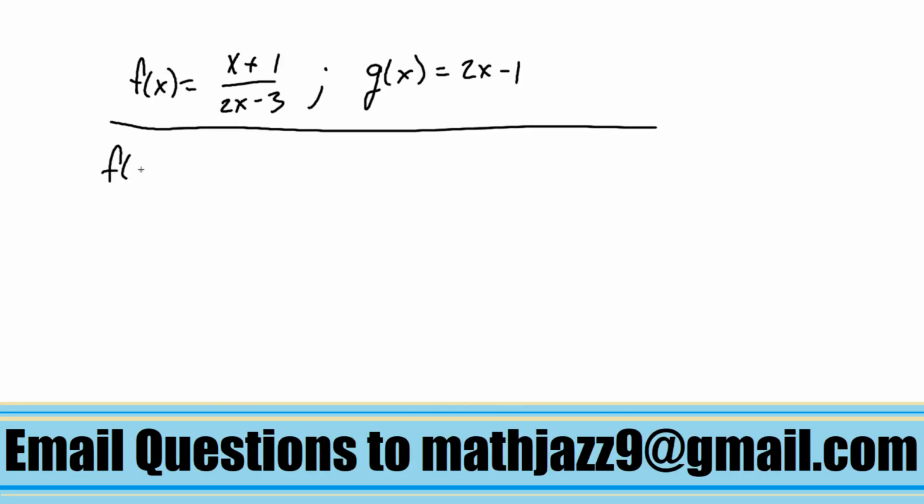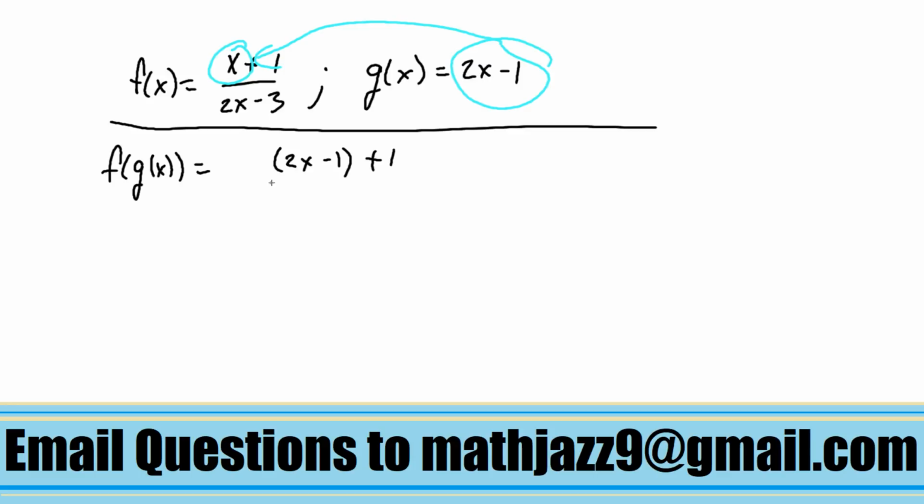Do f of g of x. Everywhere we see an x in f, we're going to plug all of g into it. So we get 2x minus 1 plus 1 on the top, and 2 times 2x minus 1 minus 3 on the bottom.